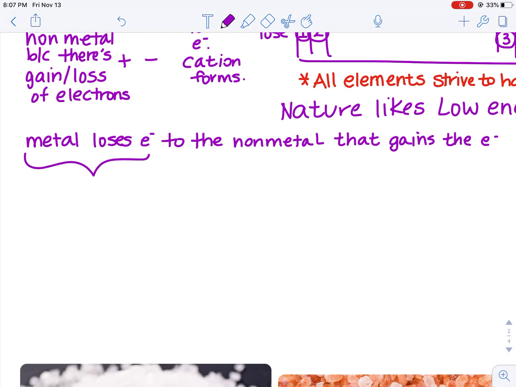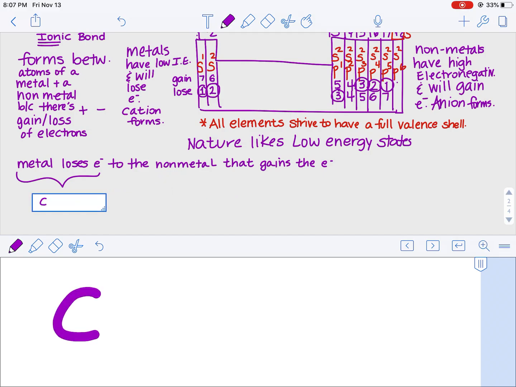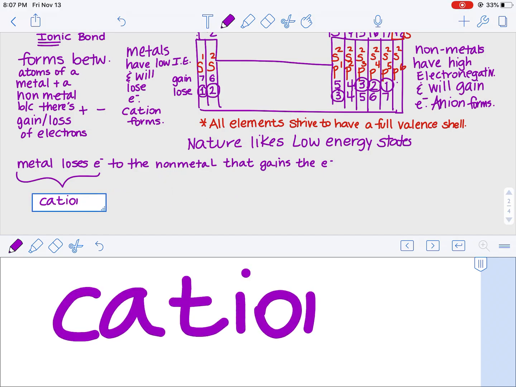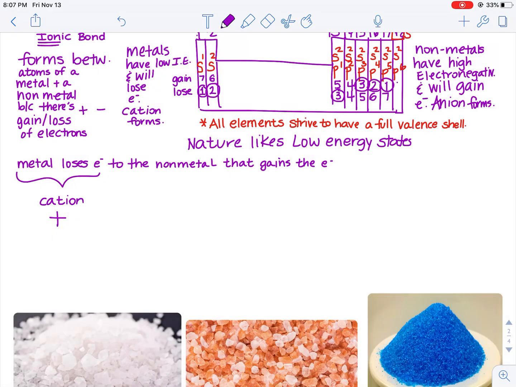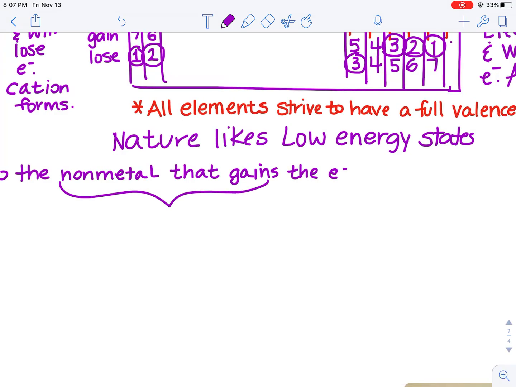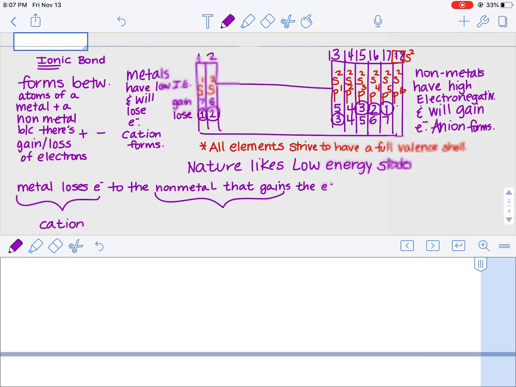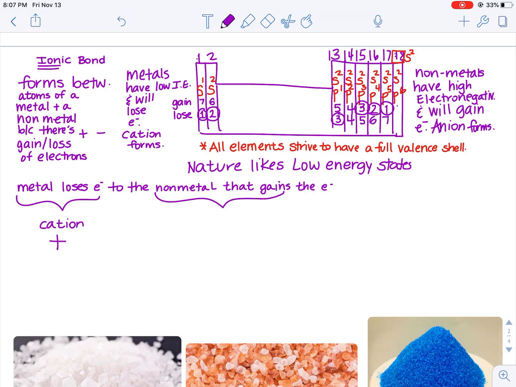When a metal loses electrons, a cation forms. Cations, that t looks like a positive sign. It's a good way to remember it. And the nonmetal that gains is going to form an anion.